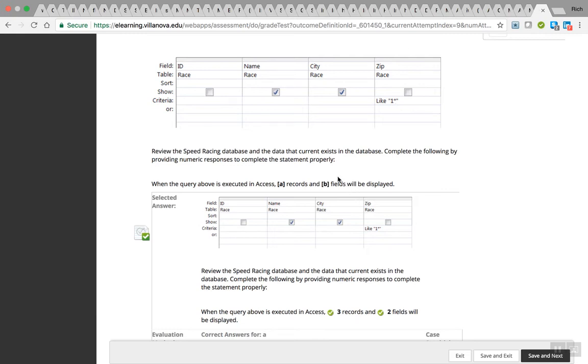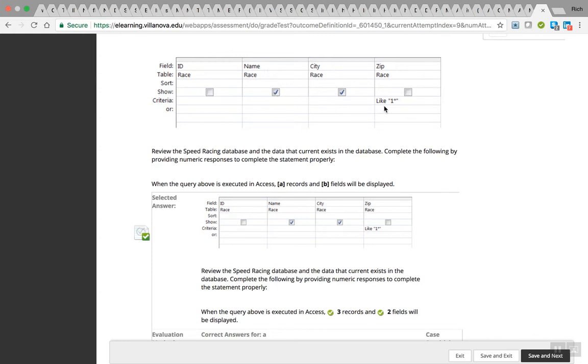So the way I would interpret this is, basically read this table, evaluate ID, name, city, zip, return the name and the city, because those are clicked.